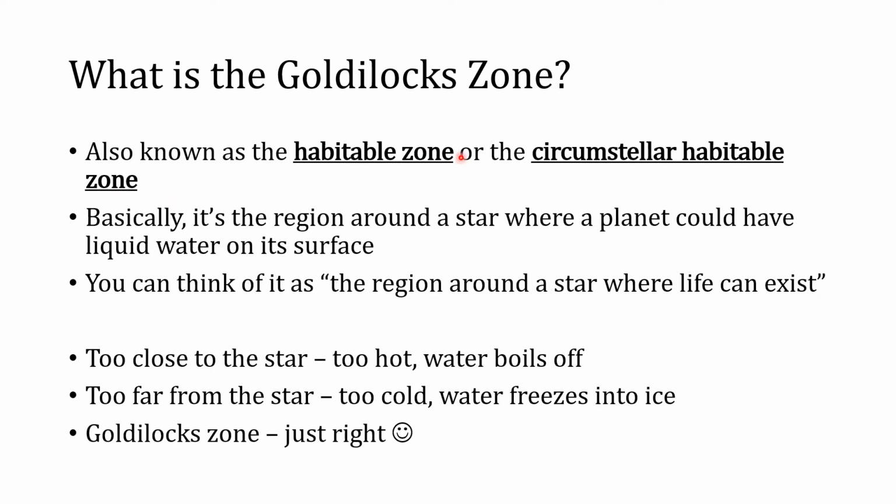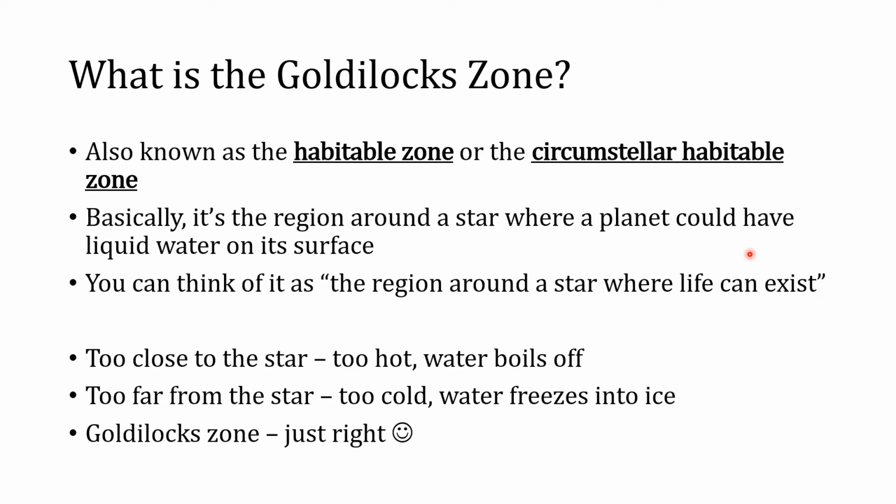The Habitable Zone means it's the area in which things can live, in which life can exist. Circumstellar is a fancy word for around a star. So what is the zone around a star in which things can live? That's what circumstellar habitable zone means.